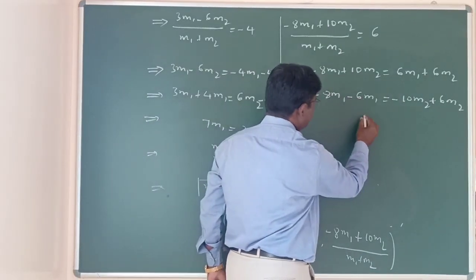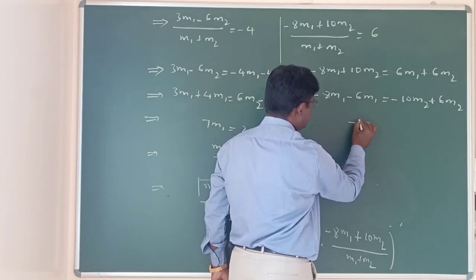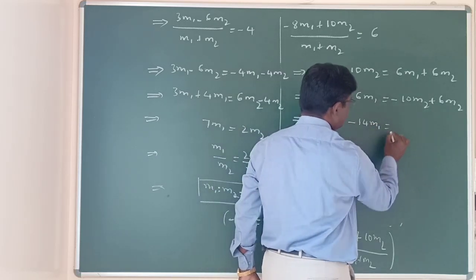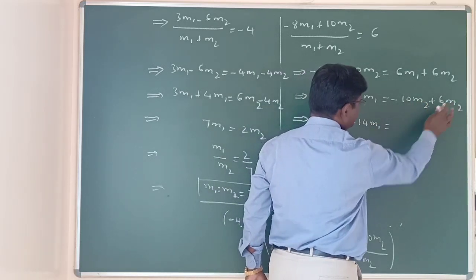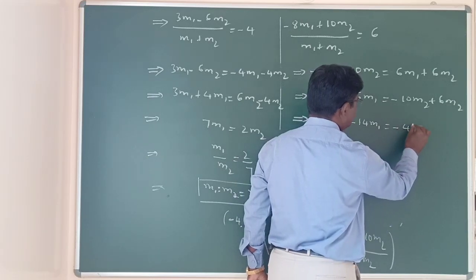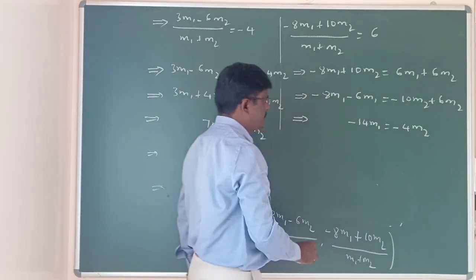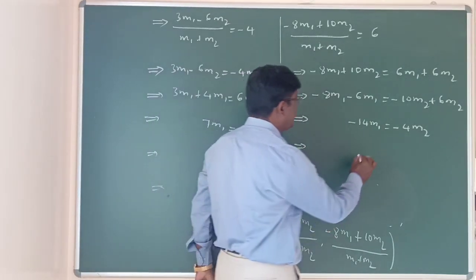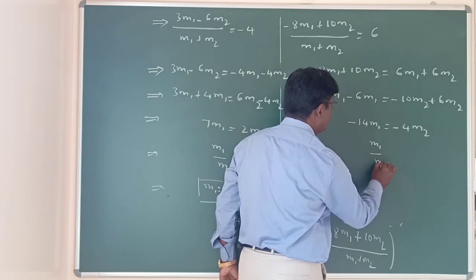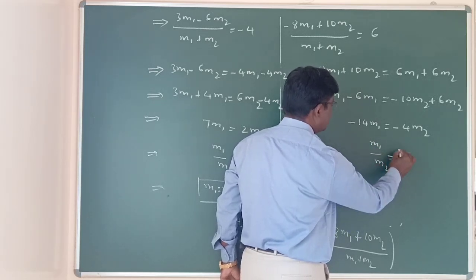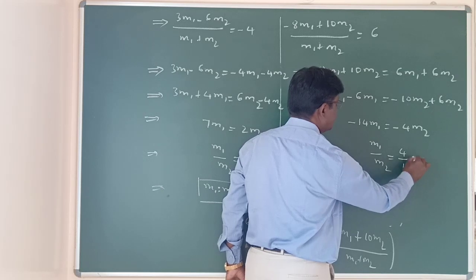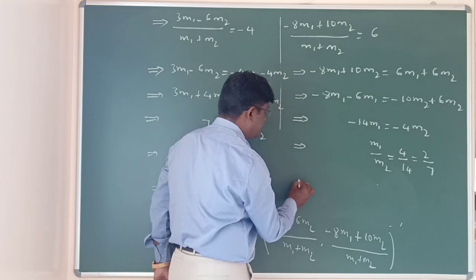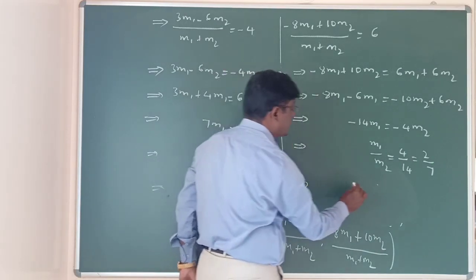This implies -8 - 6 is nothing but -14m1 equal to -10m2 + 6m2 is nothing but -4m2. Now children, minus minus get cancelled. Finally we will have m1 by m2 equal to 4 by 14, nothing but 2 by 7: 2 twos are 4, 2 sevens are 14. Hence here also you will get the same ratio.